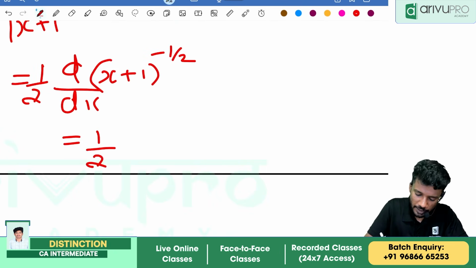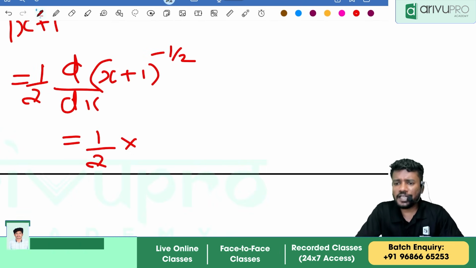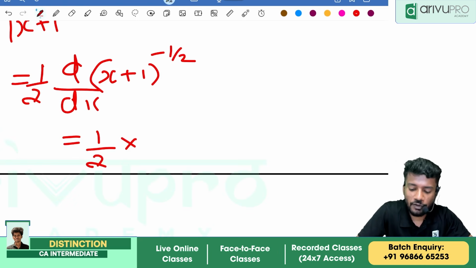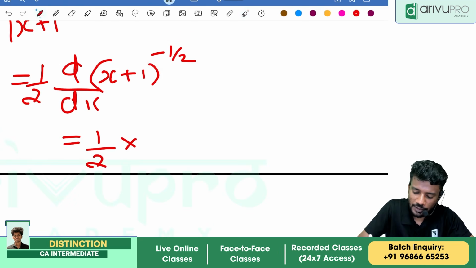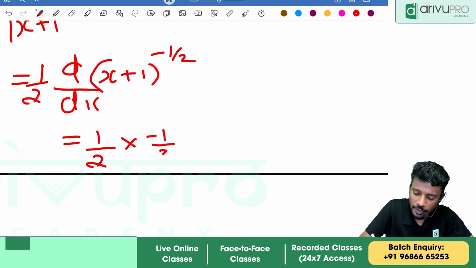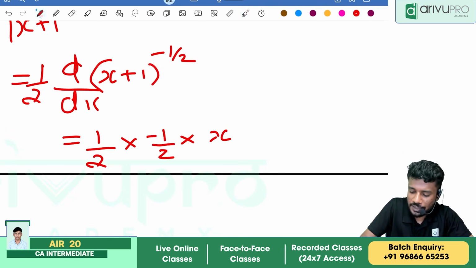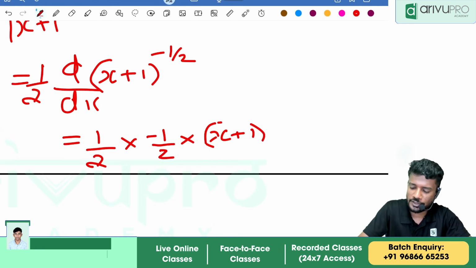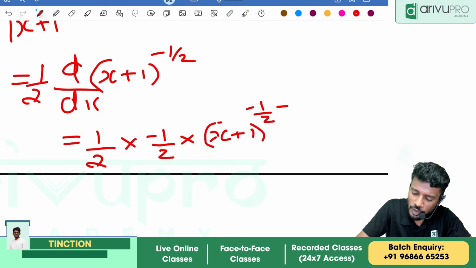Minus 1 by 2 into the derivative of x plus 1 the whole raised to minus 1 by 2. What is the value of n over here? n is minus 1 by 2. So I will write it as minus 1 by 2 into x plus 1. Instead of x, who is sitting there? X plus 1. It is not going to change. X plus 1 the whole raised to minus 1 by 2 minus 1.